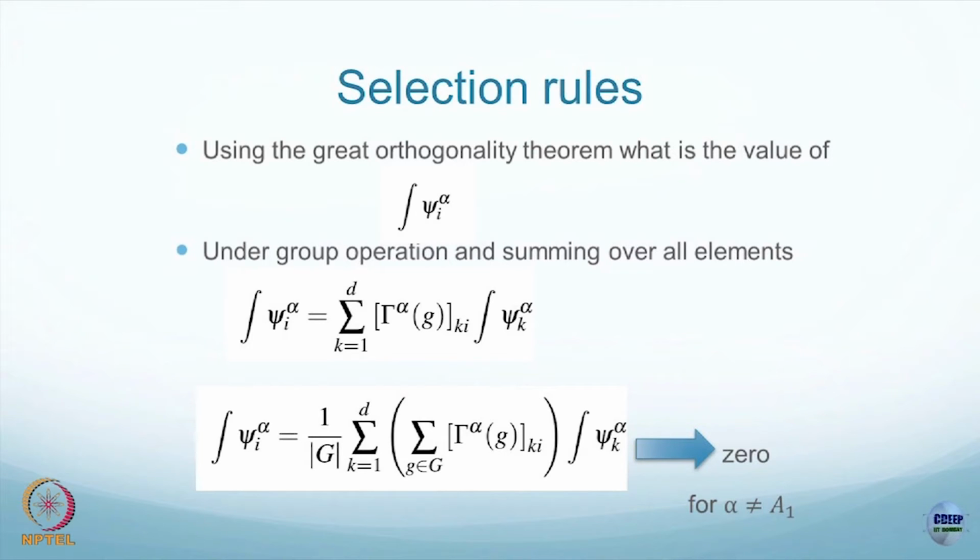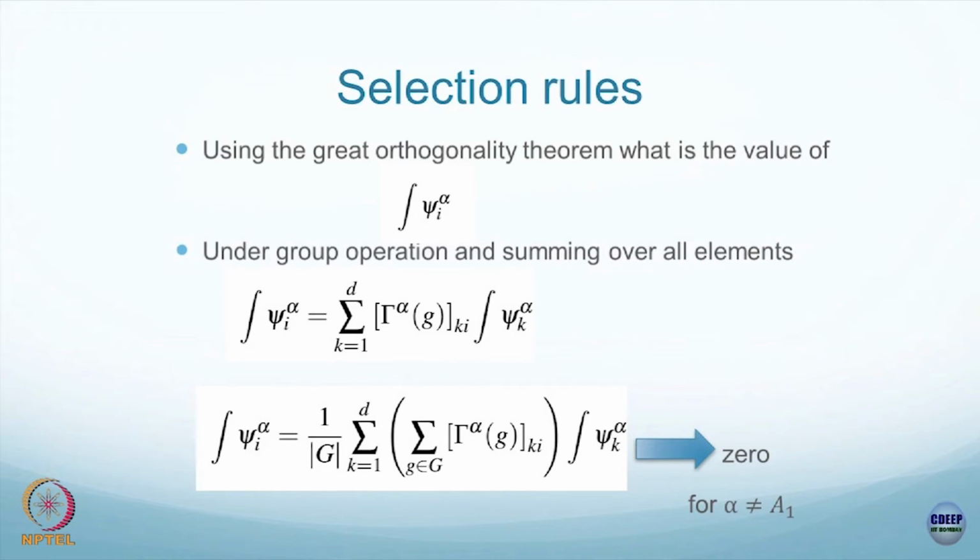It could be dx, it could be dx dy. If it has other internal quantum numbers, you may have to sum over those quantum numbers also. But as of now, let us keep the integral as formally an integral, let us not worry about it. It belongs to an irrep which is given by alpha. In this particular example, it belongs to B1.